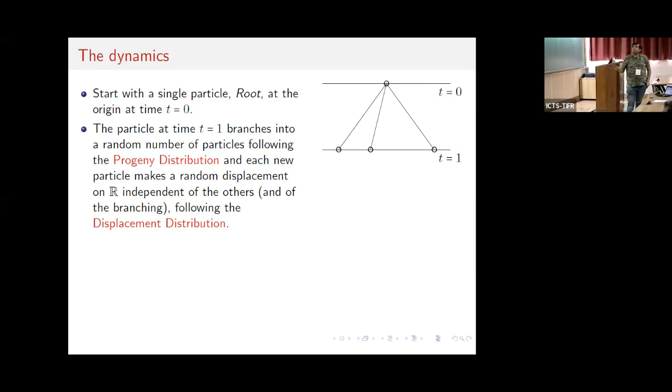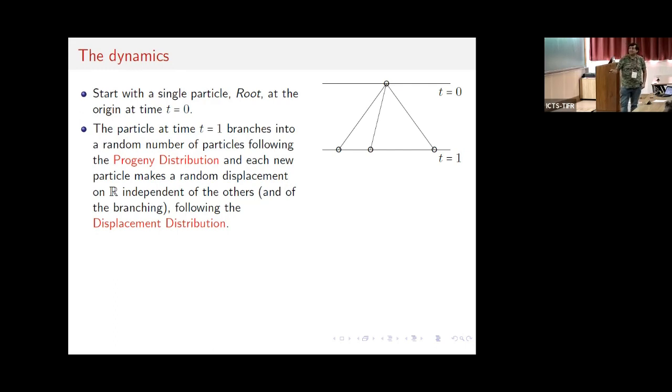The splitting happens according to what is called a progeny distribution, and the displacement happens according to a displacement distribution.